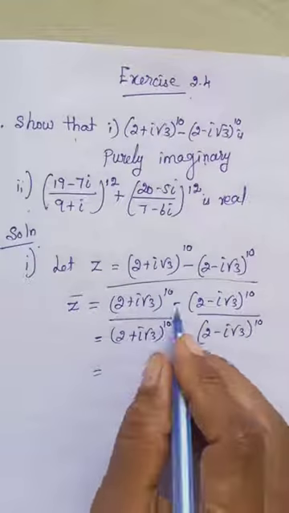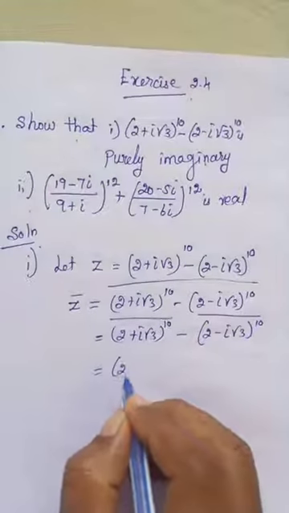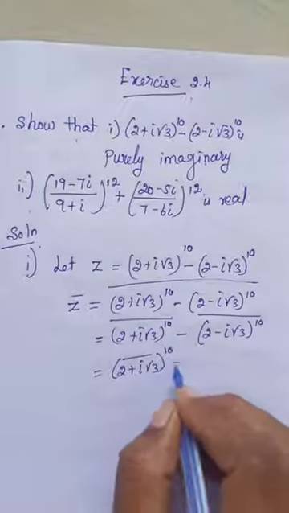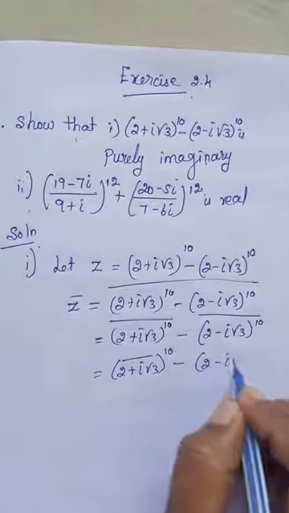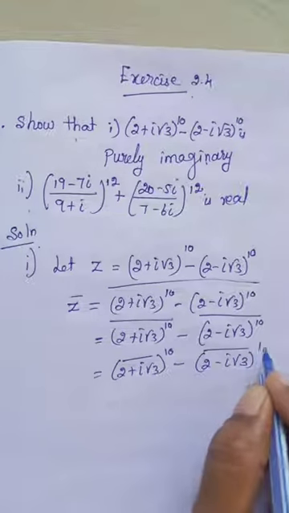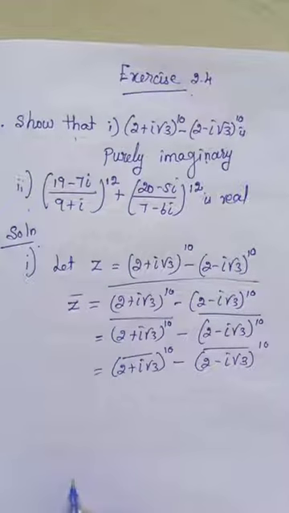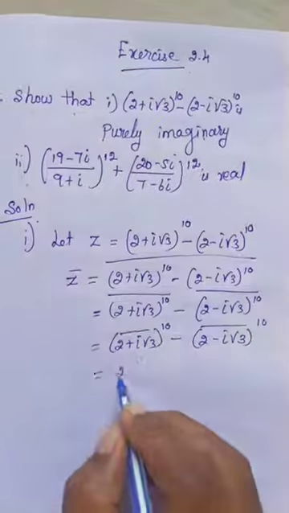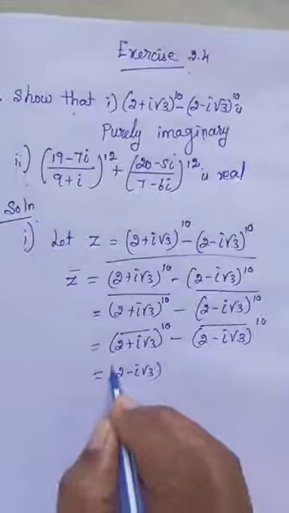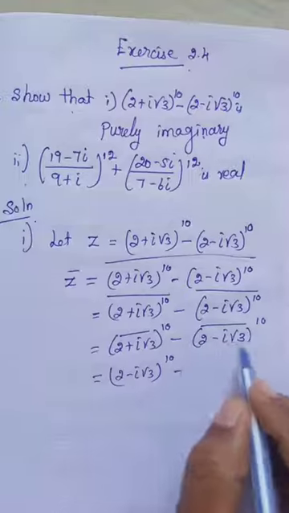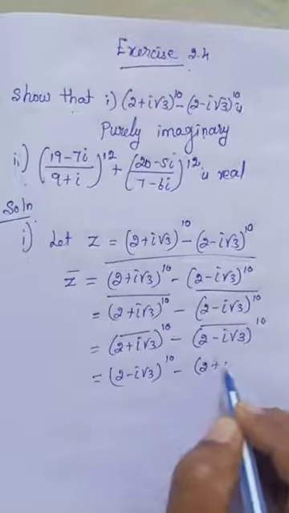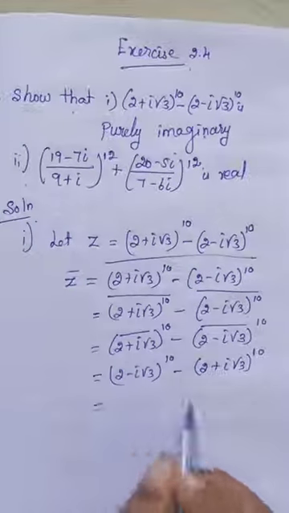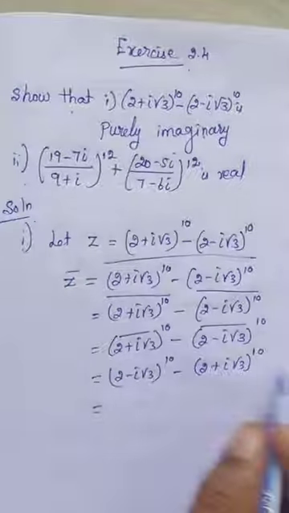We can take this power 10 outside the bar, that is ((2 + i√3) bar)^10 minus ((2 - i√3) bar)^10. Now we can find the conjugate: 2 + i√3 becomes 2 - i√3, to the power 10, minus 2 - i√3 becomes 2 + i√3, isn't it? The bar is removed.